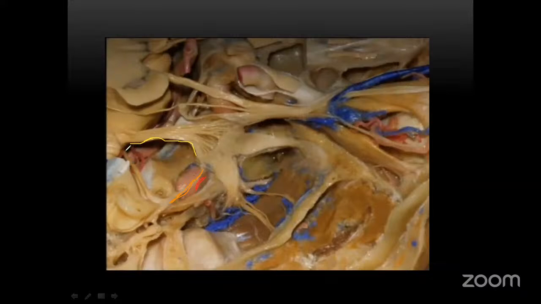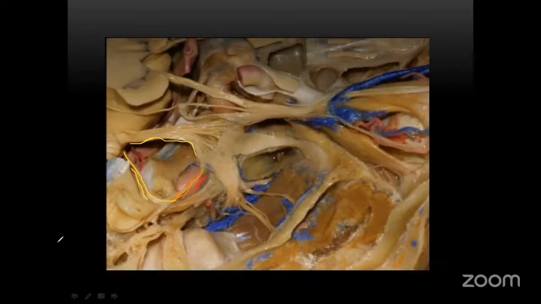And what about these two structures? Sir, trochlear. Sorry, what?